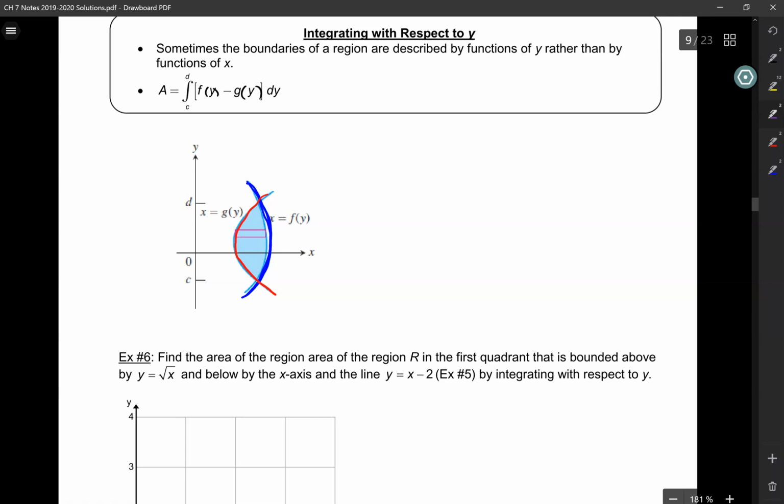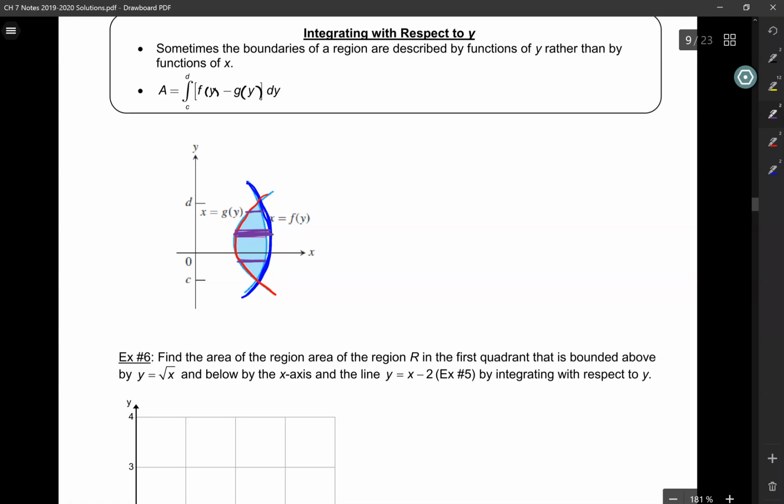However, if I looked at a region like this, what are the boundaries of this region now? I have a left and a right boundary. The left is the red one, the blue is the right one. If I'm here, left is red, right is blue. Here, left is red, right is blue.